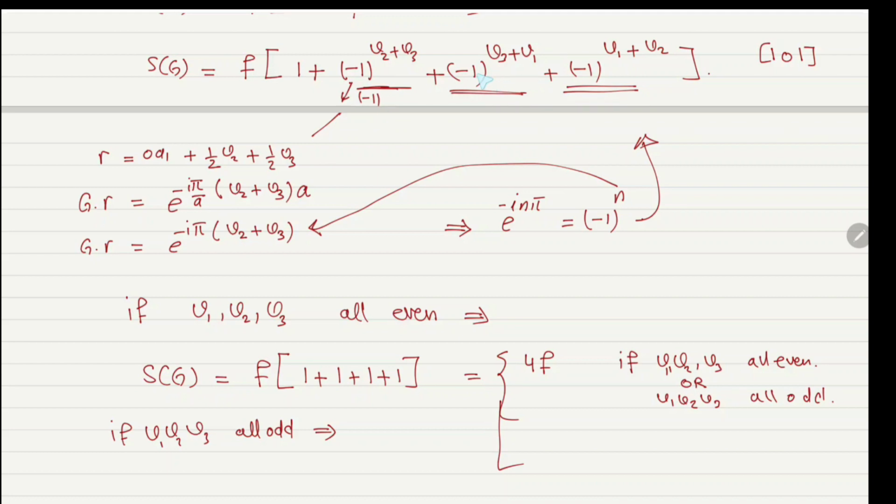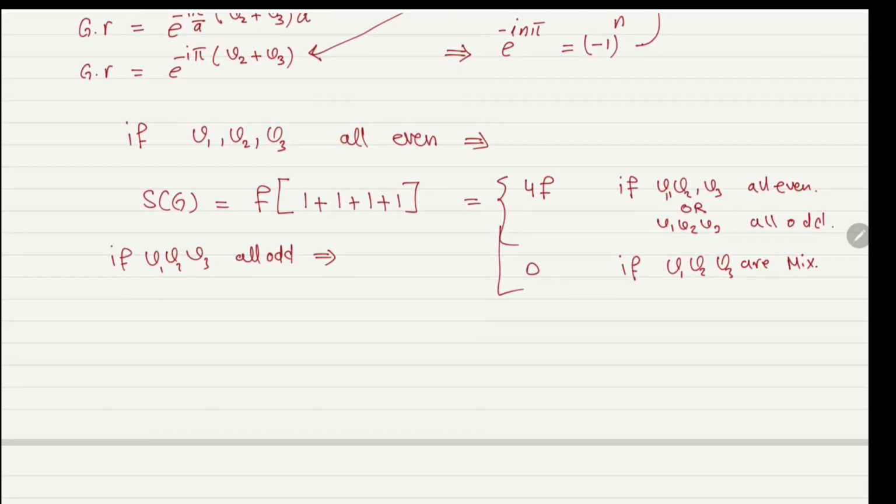Now this one here, V3 plus V1, 1 plus 1, it's even, so this one is 1. Now V1 plus V2, it's odd, and this one is minus 1. Therefore 1 minus 1 plus 1 minus 1, it's equal to 0. So if we have mixed numbers, then the structure factor is 0 if V1, V2, V3 are mixed numbers between even and odd.